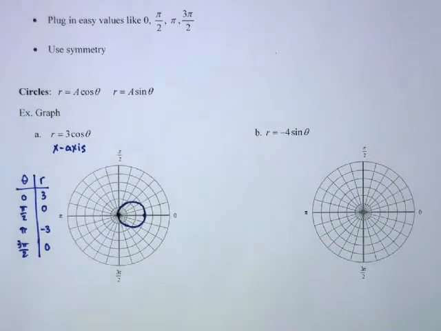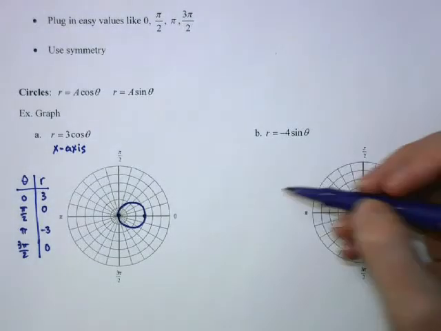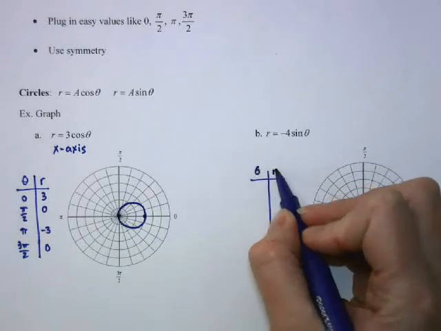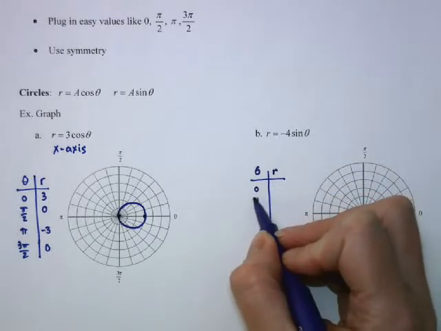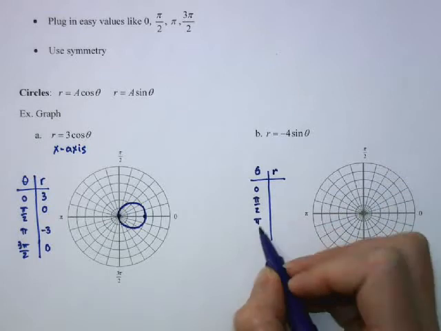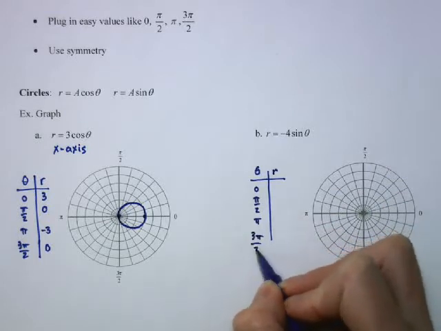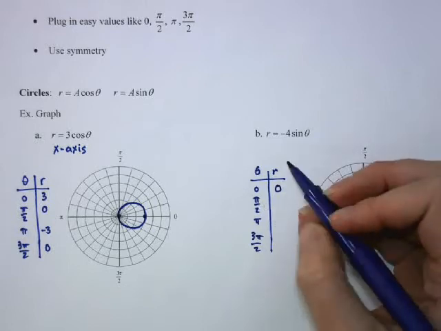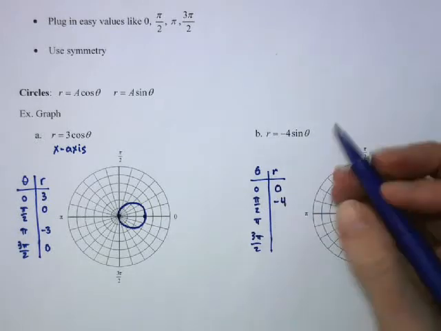Okay, so I encourage you to pause it and try r equals negative 4 sine theta. So again, we'll make a table of values. Sine of 0 is 0. Sine of pi over 2 is 1, so this will be a negative 4.